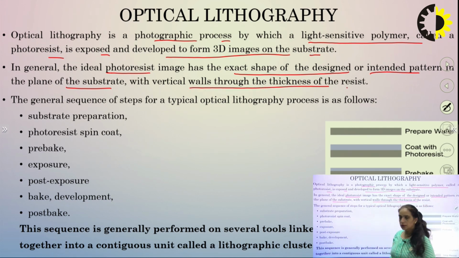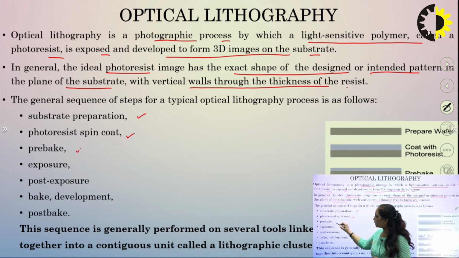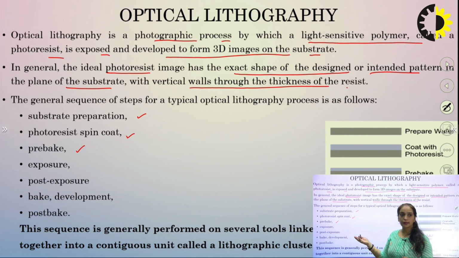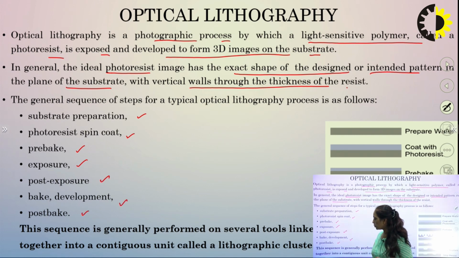This is the general sequence carried out in any photolithography process. First is substrate preparation: we have to clean the substrate and remove previous contamination. Then photoresist spin coating is done, and pre-bake is done to dry the photoresist material. It is exposed to UV light, then post exposure bake and development, then post bake.